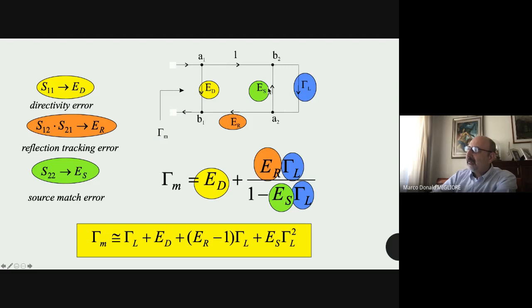Part is again reflected due to the presence of the second port of the equivalent error circuit. This is E_S and comes back. And here we have a loop. And another part comes to B1. What the vector network analyzer measures is the ratio between B1 and A1.